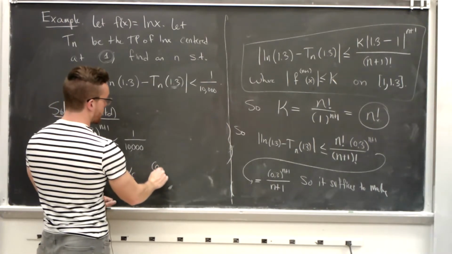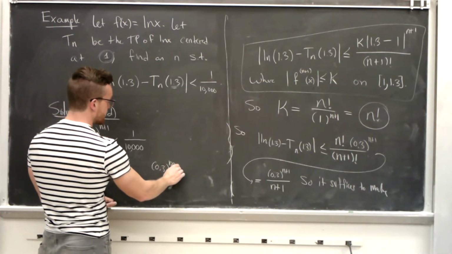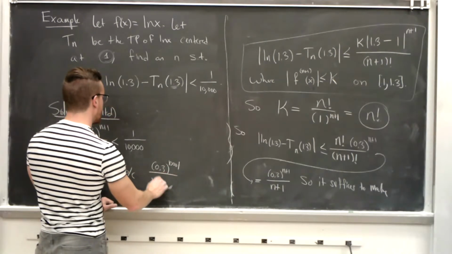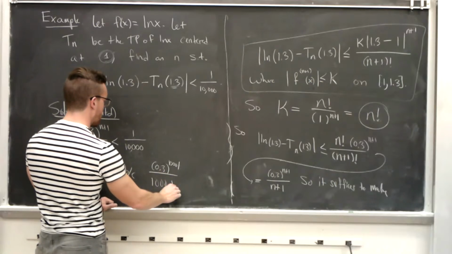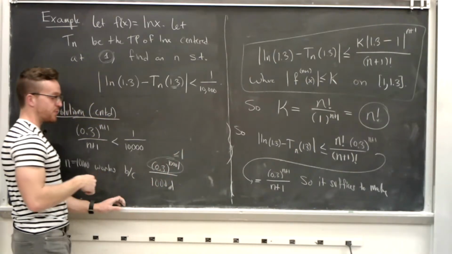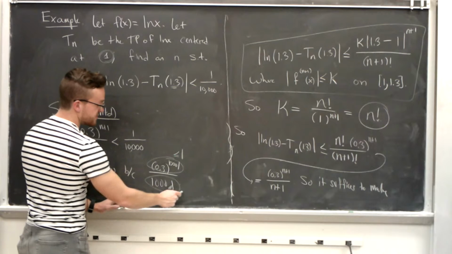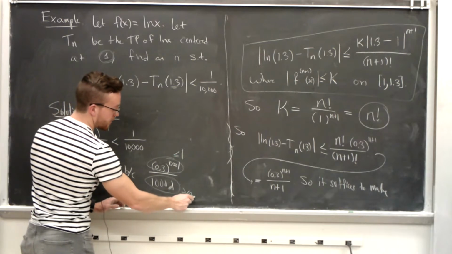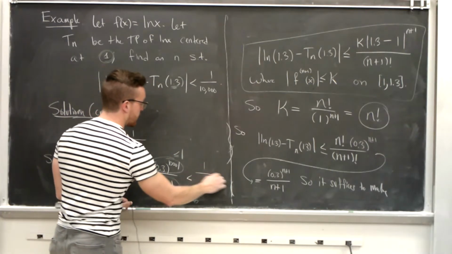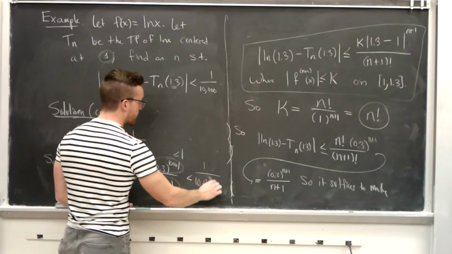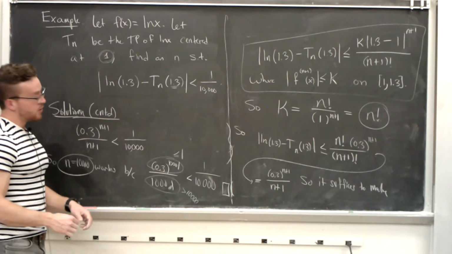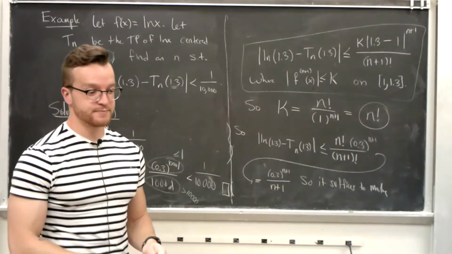Just because 0.3 to the 10,001 over 10,001, this number is definitely smaller than 1, and this number is definitely bigger than 10,000. So therefore, this fraction is definitely smaller than 1 over 10,000. Whew, and there we go. That would do it.